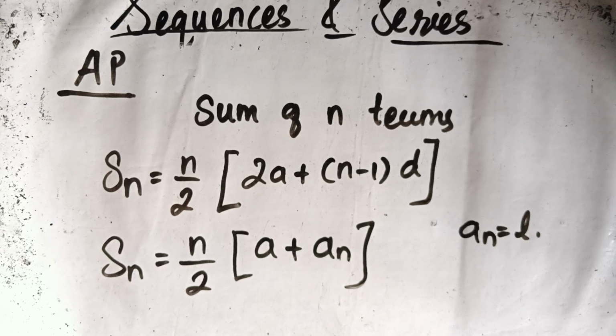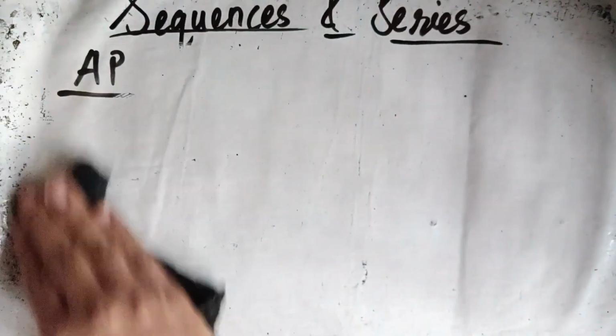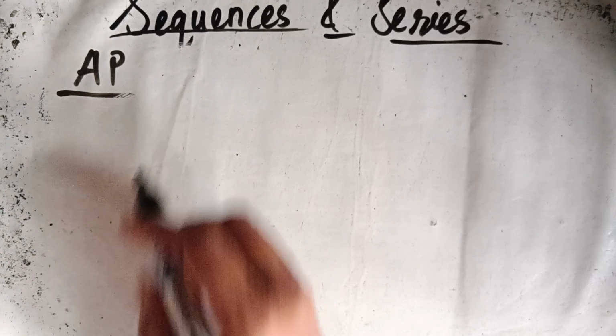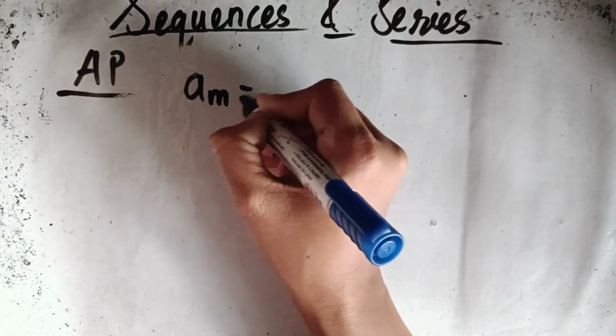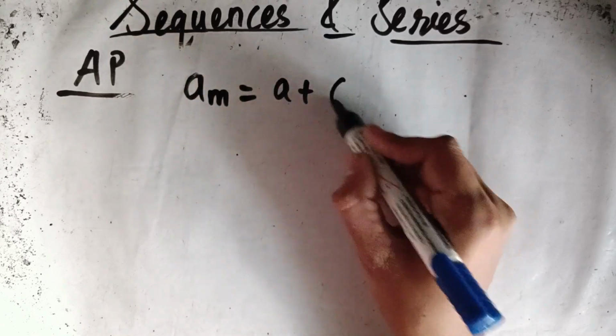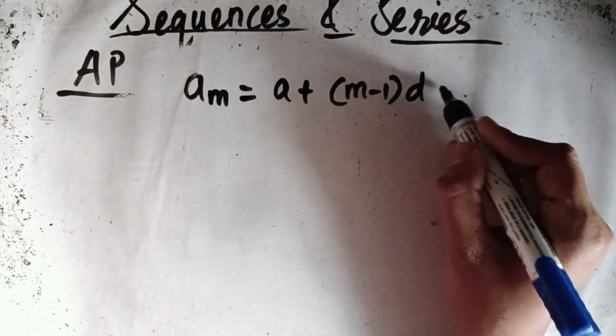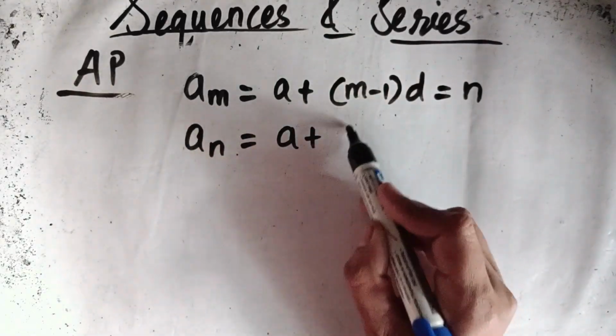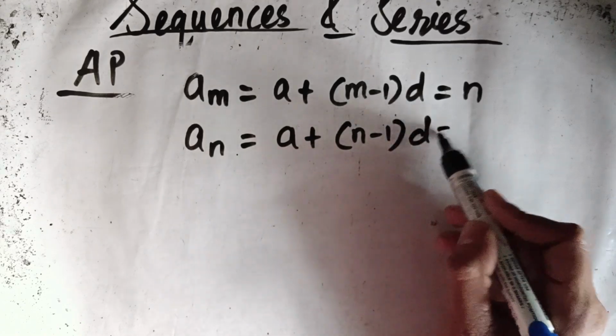Okay, so we are going to solve these problems. The question given in the textbook, example 4: in an AP, if the mth term is n and the nth term is m, where m is not equal to n, find the pth term. Okay, so mth term means am is given. am is given as a plus (m minus 1) into d equal to n, and the nth term is given as a plus (n minus 1) d equal to m.